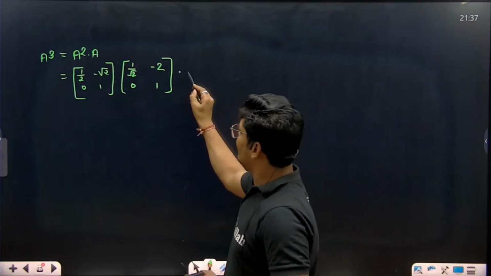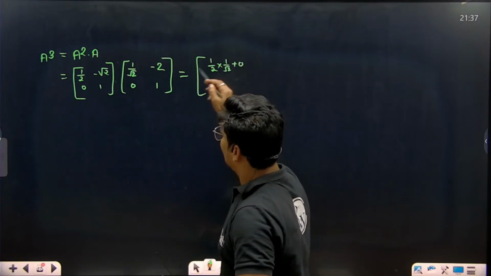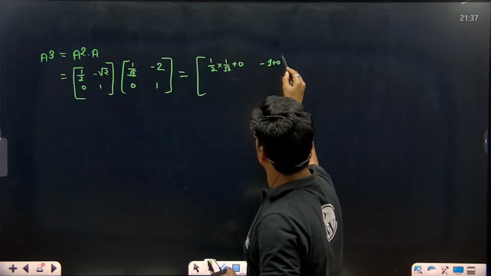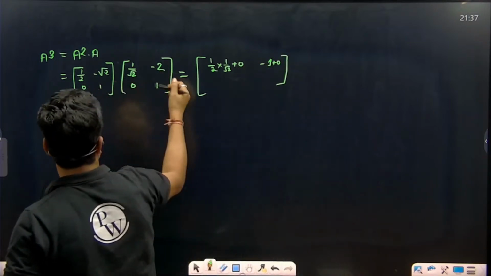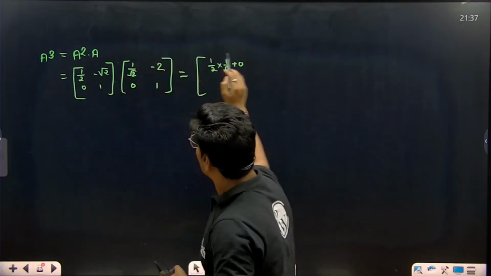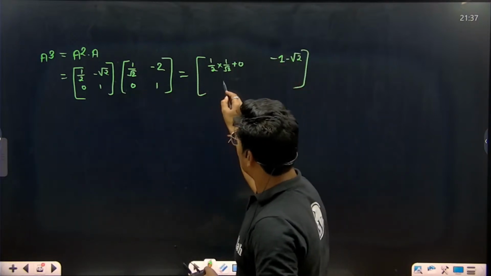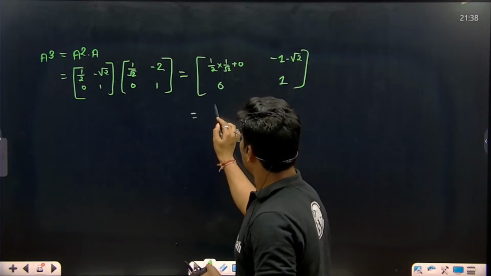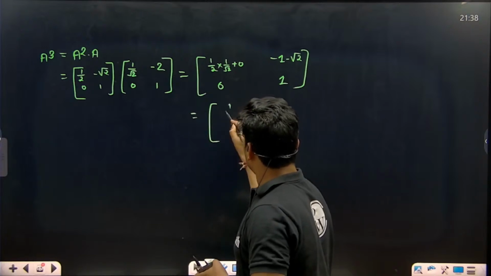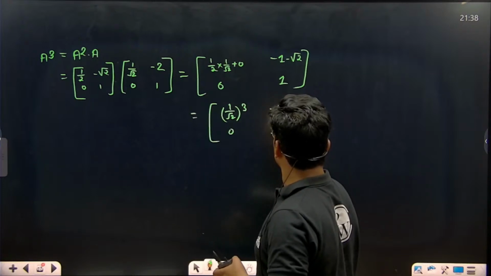So now we will get 1 by 2 into 1 by root 2 plus 0, and this will be minus 1, and plus 0. Sorry, this will be minus 1 and minus root 2, and this will be 0 and this will be 1. Now this will be 1 by root 2 the cube, and this will be 0, 1 and minus 1, minus root 2.